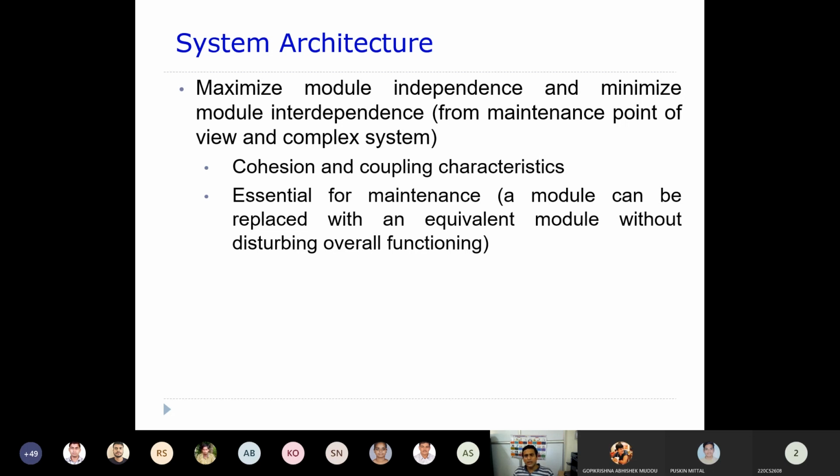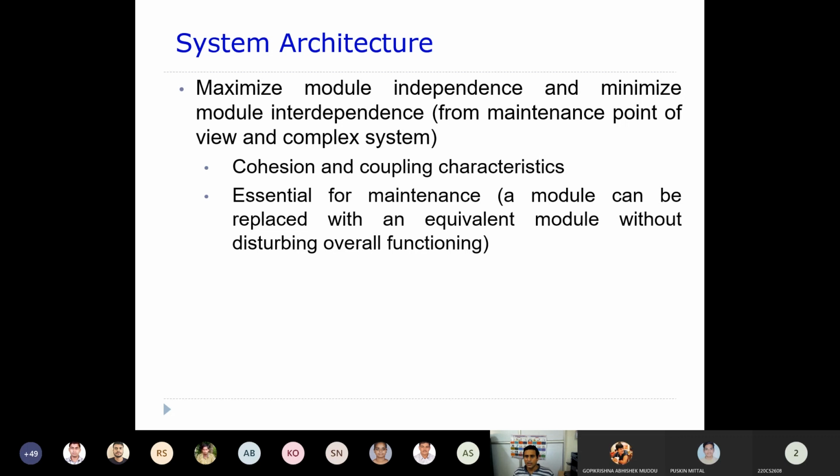Why is this really required? The reason is that if these modules are very independent, and let's say you find a defect in one of the modules, then this module can be replaced by a new module. If that module is not at all dependent on other modules, it is not going to affect the other modules.